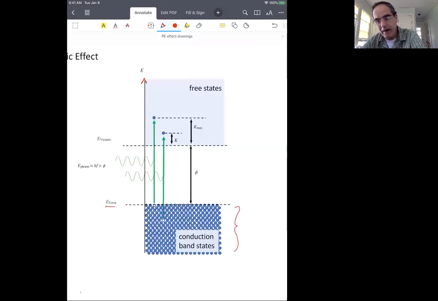That's very simply the modern picture of a metal. Okay? Then there's a range of states of energies over which there are no electrons. And then at still higher energies, we have the free states.